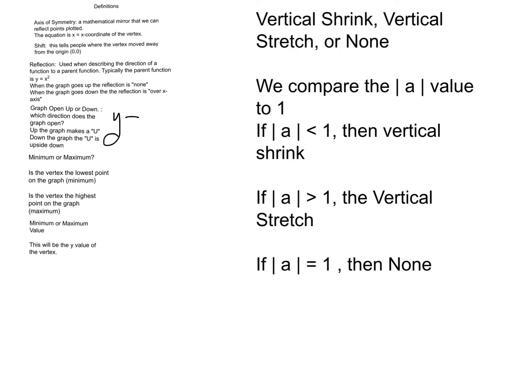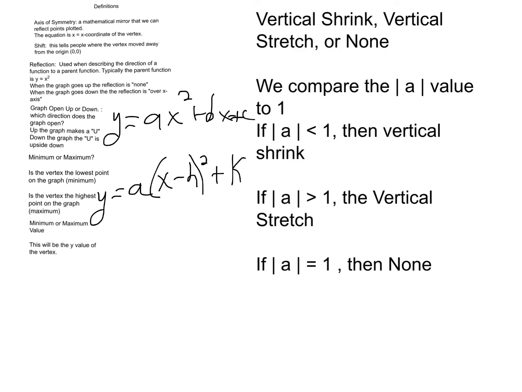So y equals ax squared plus bx plus c, that's standard form. In vertex form, y equals a(x minus h) squared plus k. Now again, shrink, stretch, or neither deals with this value right there, depending on which equation you are given.